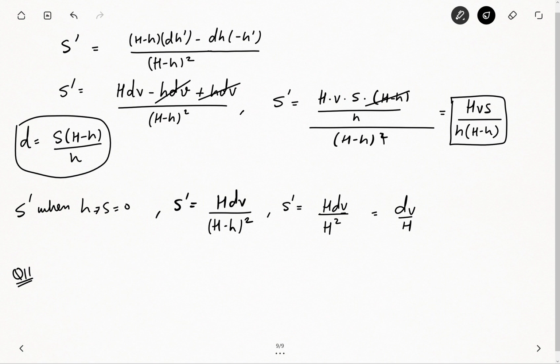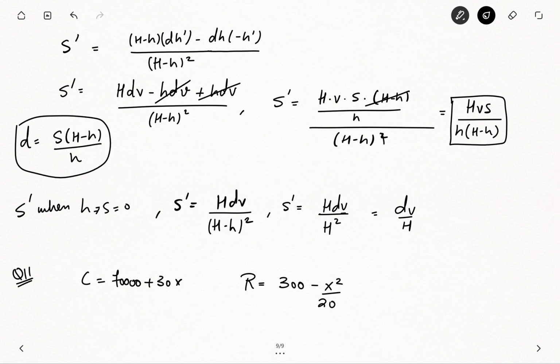We're given the manufacturing cost and revenue of a company who makes calculators. So the cost function is 70,000 plus 30x, and the revenue depends upon the quantity x given by 300 minus x squared divided by 20, when the production output in 1 week is x calculators.